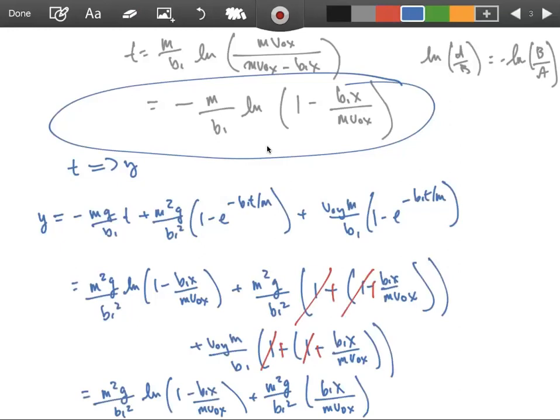I'll cancel the terms here in a second. Plus v initial y m over b1 times b1 over m times x over v initial x.